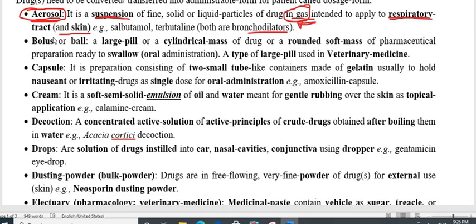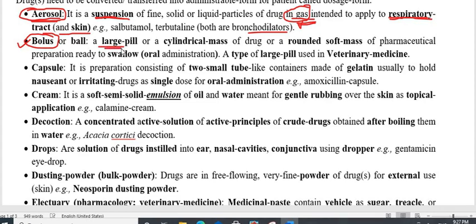Another terminology is the bolus. So I think mainly for large animal, for oral administration, the solid form of the drug is in bolus form, because bolus is a large pill. You can say large pill or larger in size.